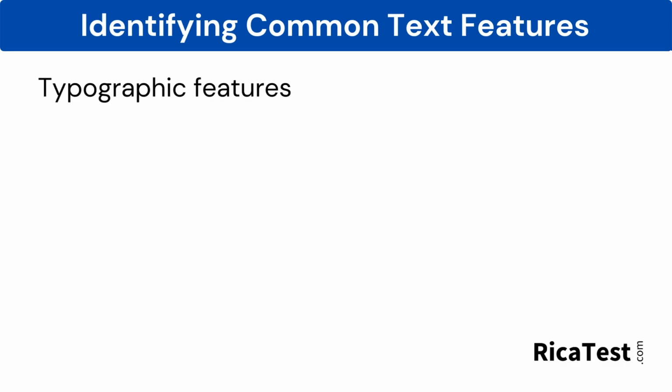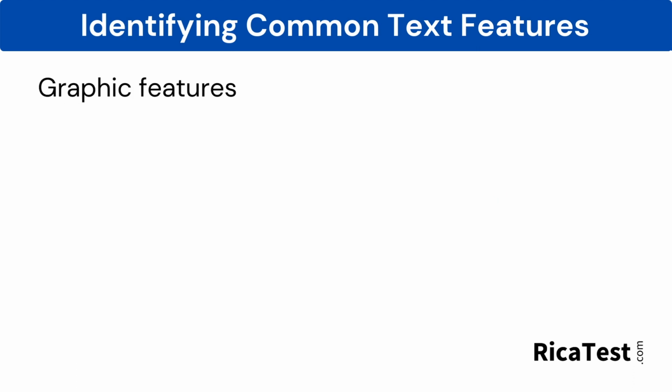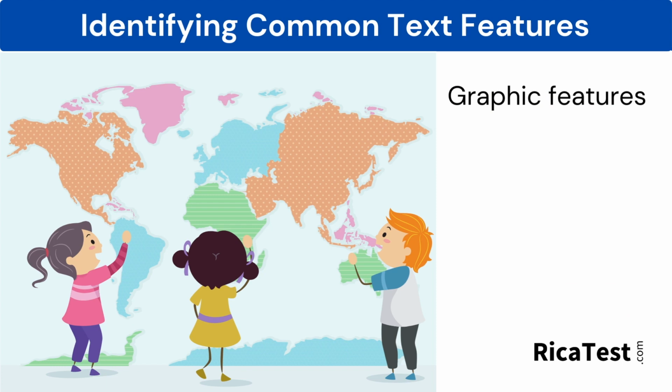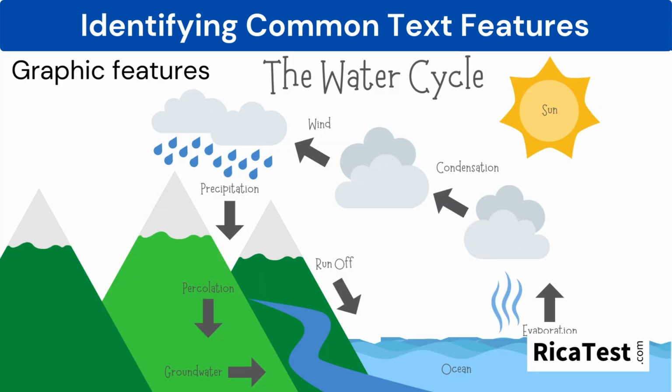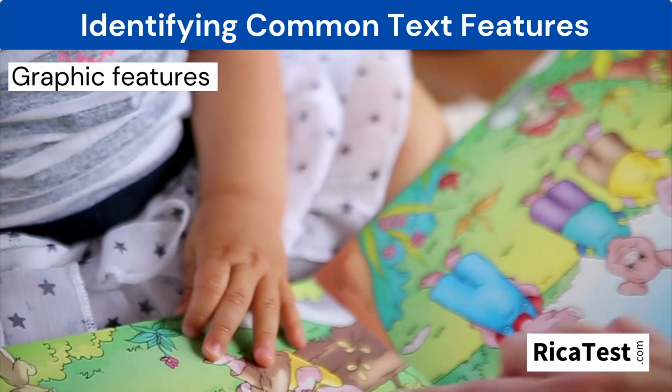Next, the typographic features include italics, bold facing, underlining, color coding. Then, graphic features that students can learn to read include charts, maps, diagrams, and illustrations.